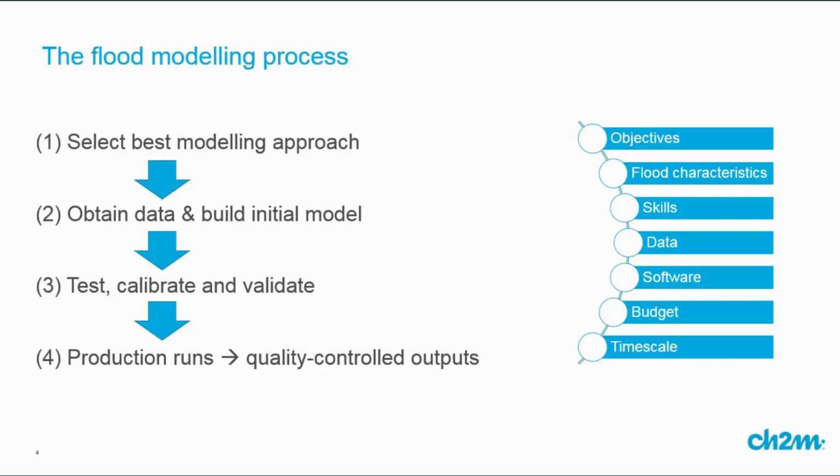Then the other things that help you decide the best available approach are the skills of the team you've got working on it, the data you've got available, what software you've got or can purchase, the budget you've got to undertake the work, and then the timescales you've got available. And all of that can help guide what is the best modelling approach for a particular scheme.